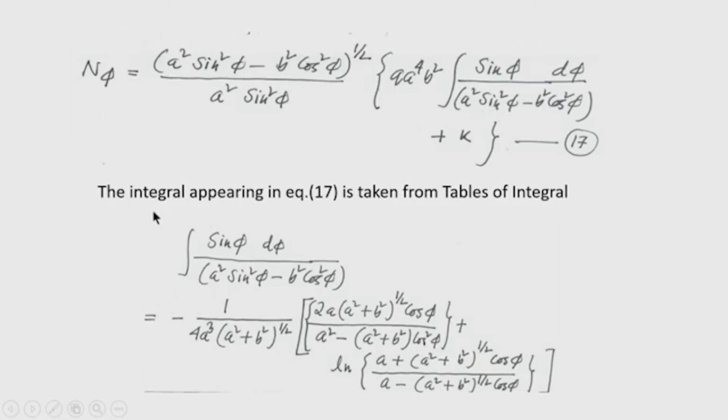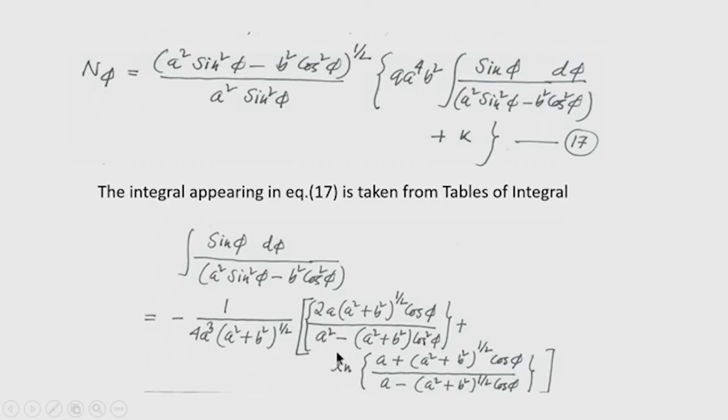Okay. So, the integral appearing in equation 17 is taken from tables of integrals, and sin phi d phi divided by (s square sin square phi minus b square cos square phi) is written as minus 1 by 4 a cube into (s square plus b square) to the power half, that is, this term will be under the square root, multiplied by 2 a (s square plus b square) to the power half into cos phi divided by (s square minus (s square plus b square) cos square phi) plus ln. ln means natural logarithm, log with the natural base.